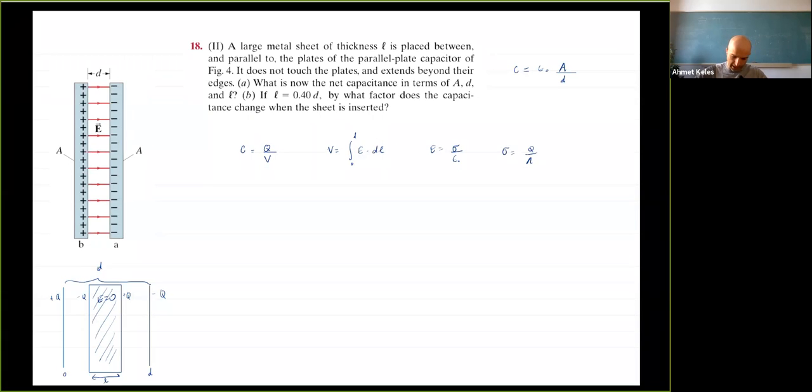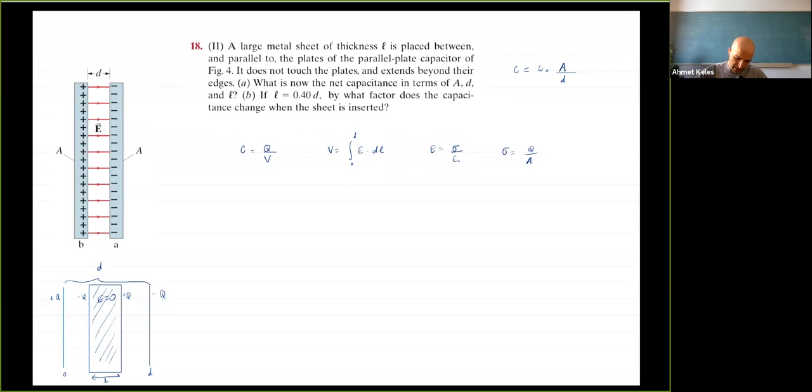All right, then I can calculate V. This V has two contributions. The electric field here is non-zero, so there will be a contribution to this integral. The electric field inside the metal is 0, so there will be 0 contribution. And the electric field here is again non-zero, so there will be a contribution.